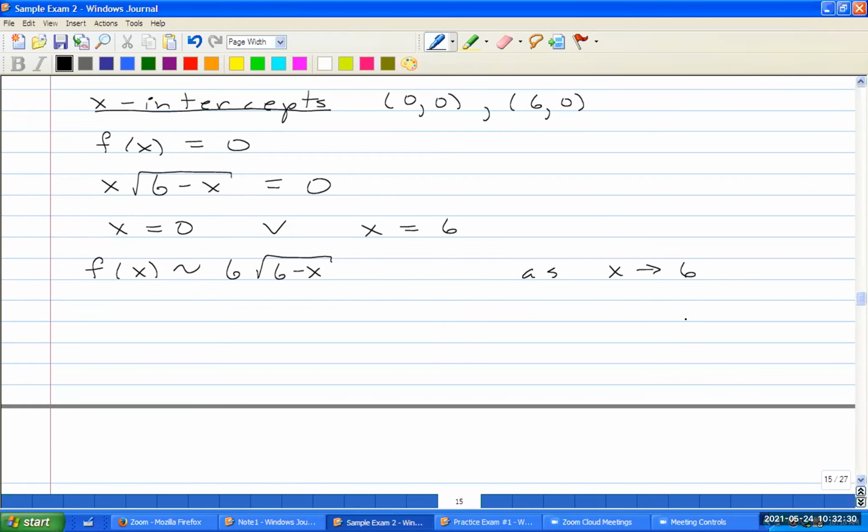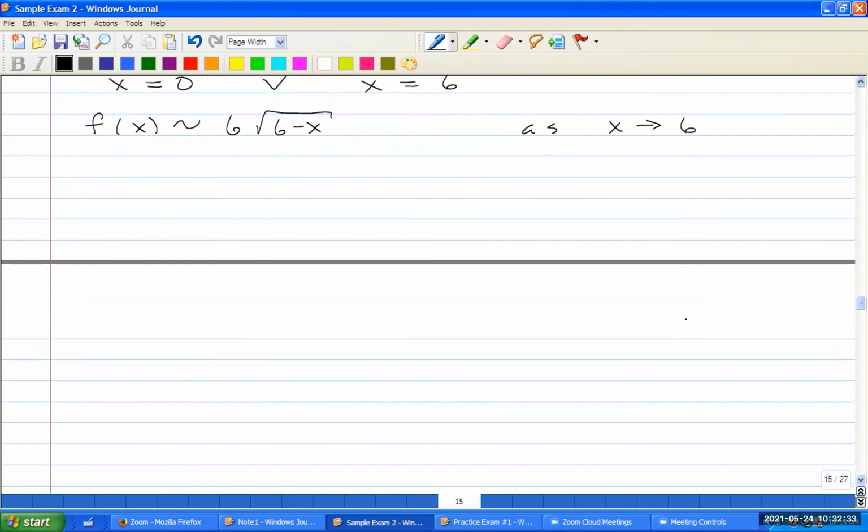Okay. Problem ABC, so part C. Determine the symmetry of the function. There is no symmetry. And so let's look at f of negative x, which is equal to negative x radical 6 minus the negative x.